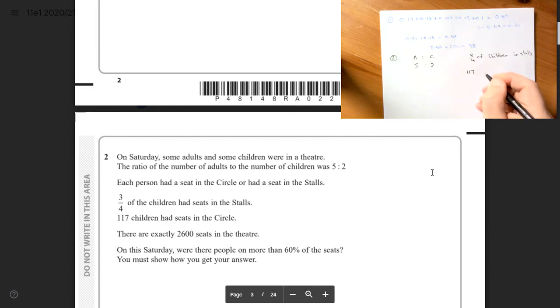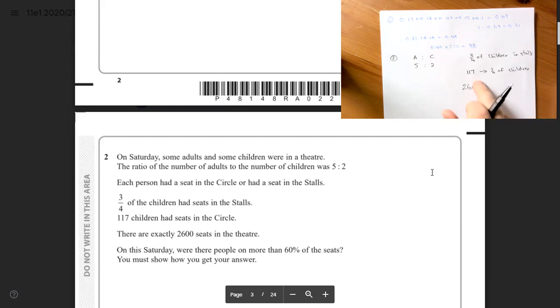So that 117 must be 1/4 of the children. There are exactly 2,600 seats in the cinema. On this Saturday, were there people on more than 60% of the seats?